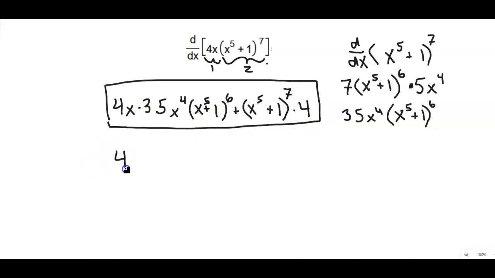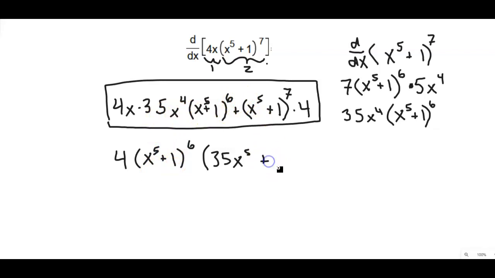That would be 4, and then take the smaller of those, x to the fifth plus 1 raised to the sixth power. What I have left in this function here is an x and a 35x to the fourth, so this would just be 35x raised to the fifth power. And that takes care of all of that.